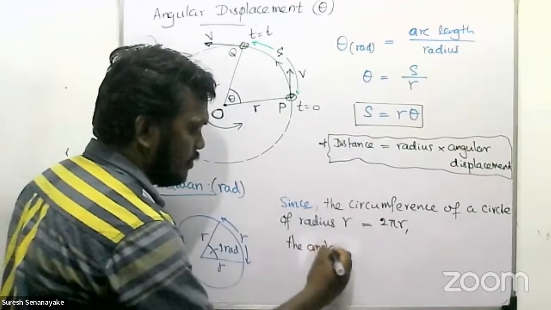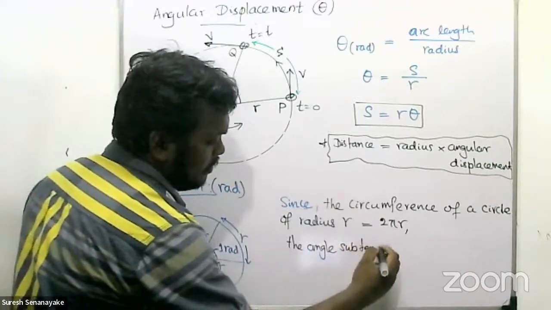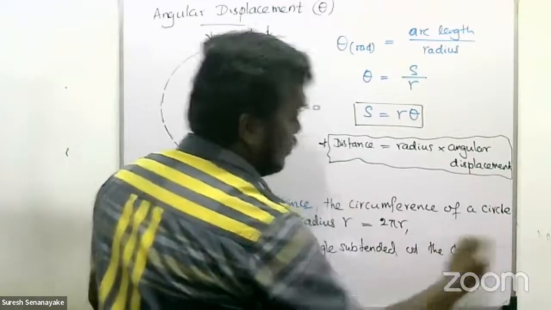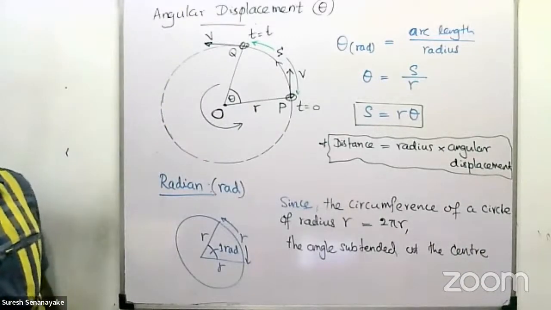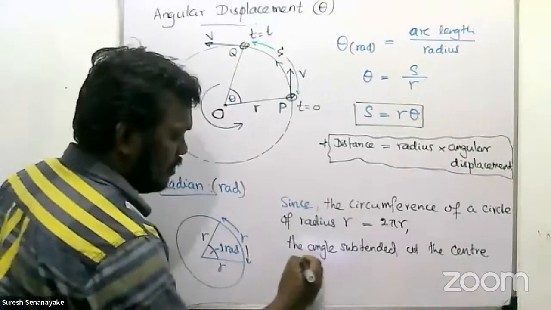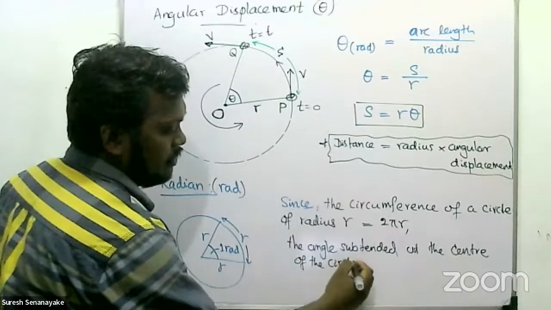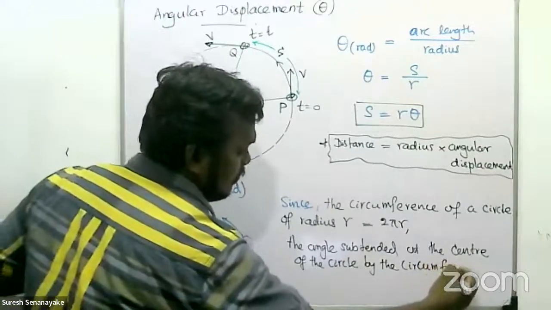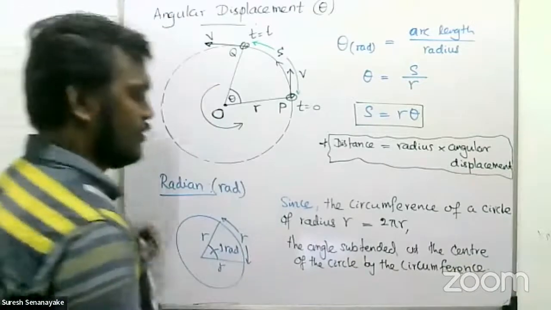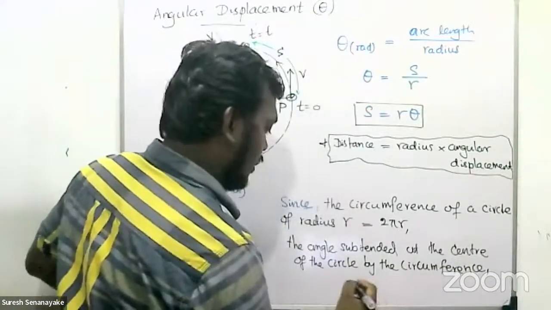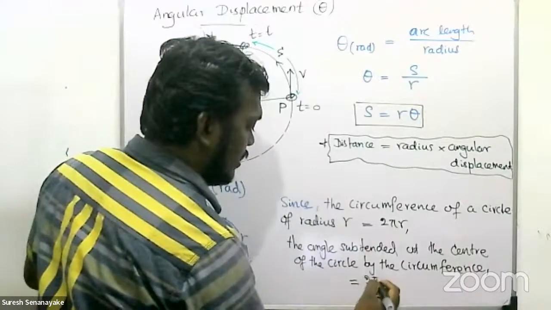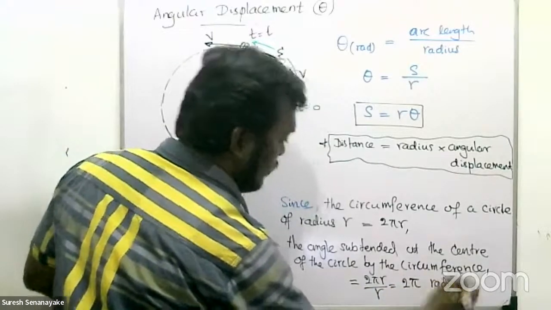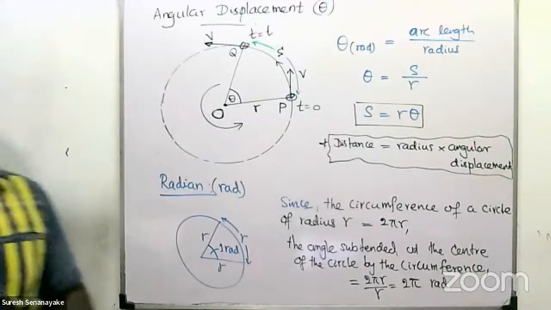The angle subtended at the center of the circle by the circumference equals this 2 pi r, the arc length, divided by the radius. It is equal to 2 pi radians.